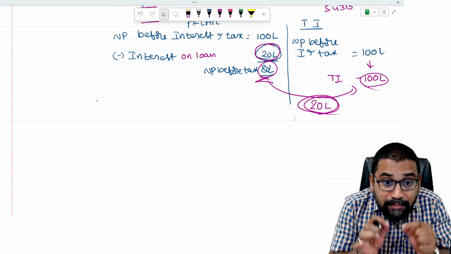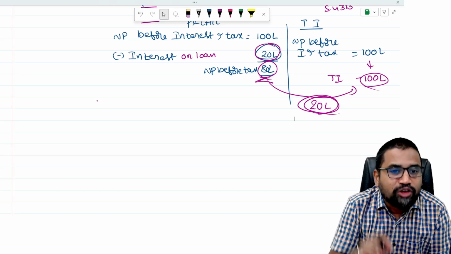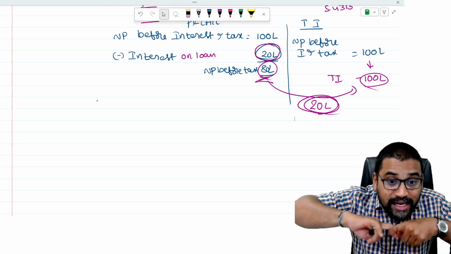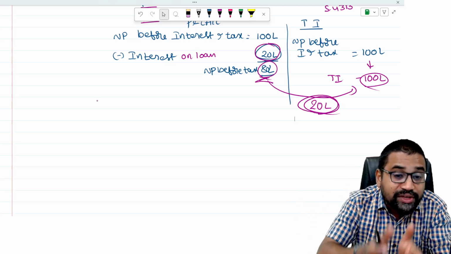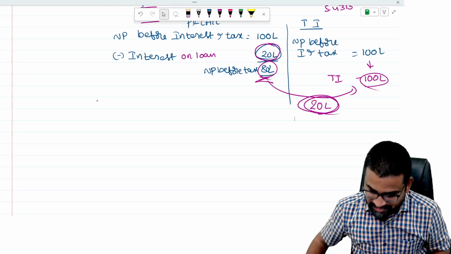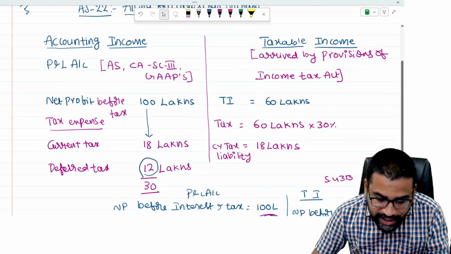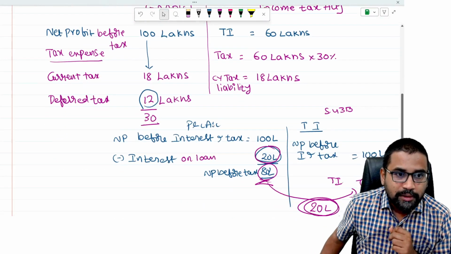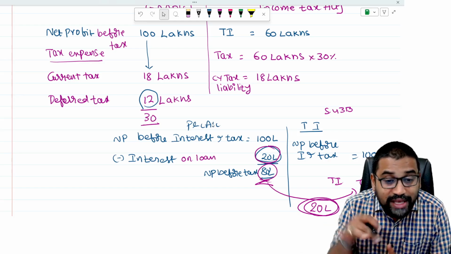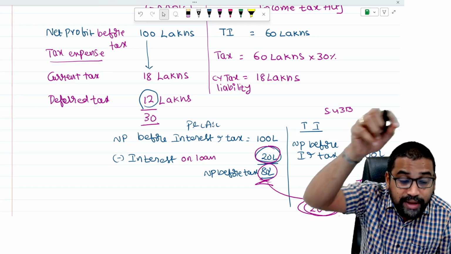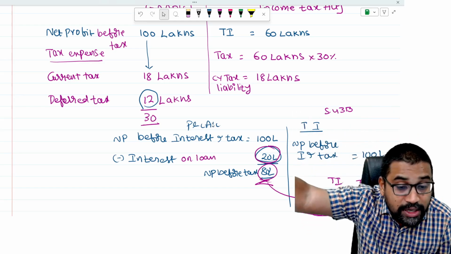Because that is the main reason why. See, the difference between accounting income and taxable income is the main reason why the taxes are not matching with the net profit, accounting income. So in our example, my accounting income is 100 lakhs. But my tax expense is 18 lakhs. So they are not matching. Why are they not matching? I verified my accounting income 100 lakhs, but my taxable income is only 60 lakhs.